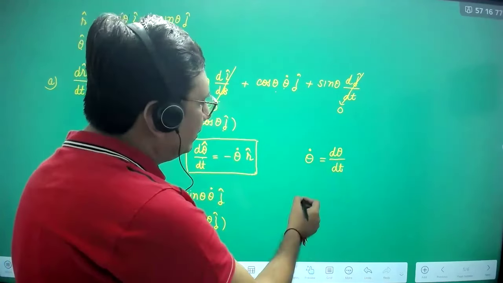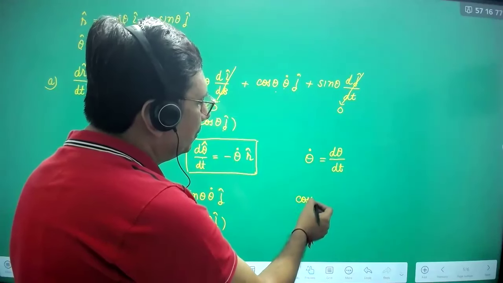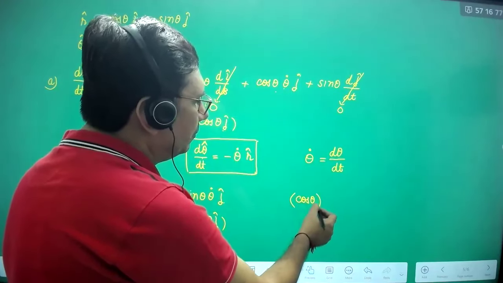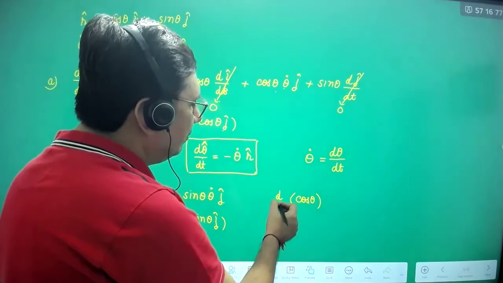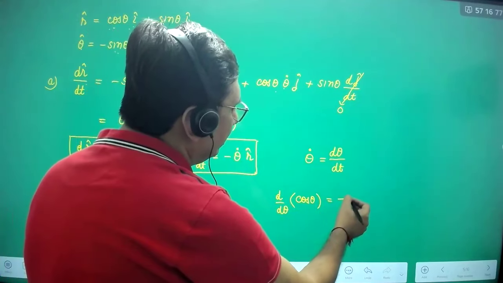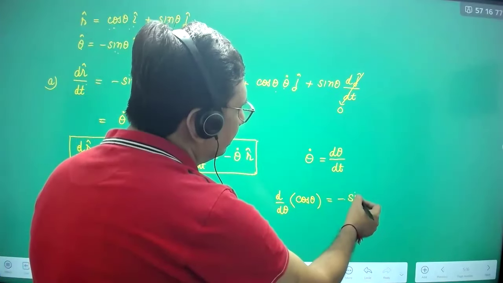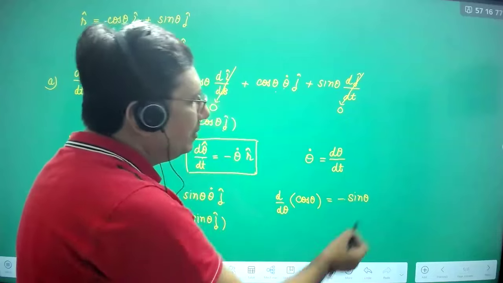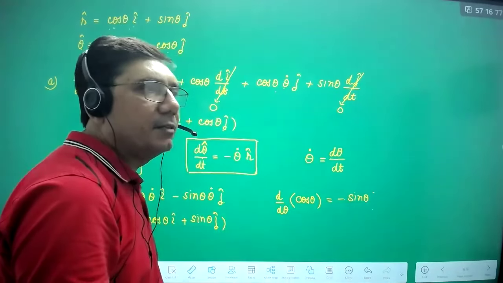If you are differentiating cos theta, suppose, with respect to theta, d by d theta, what will it be? This will be minus sine theta, and then there will be d theta by d theta, that will be 1.